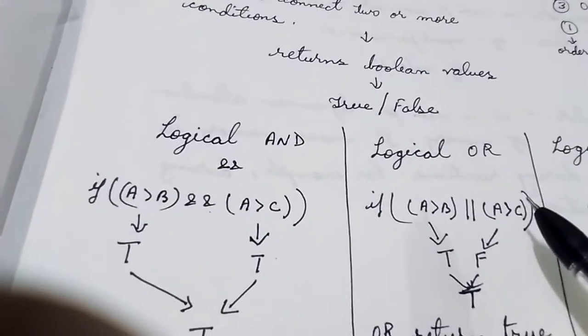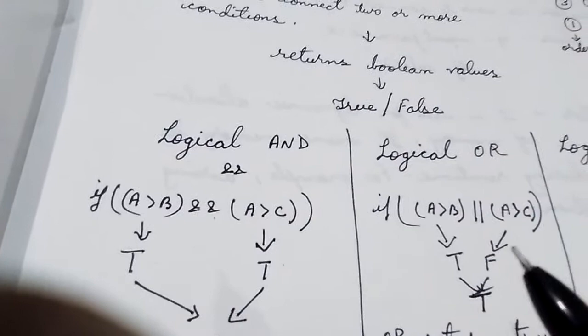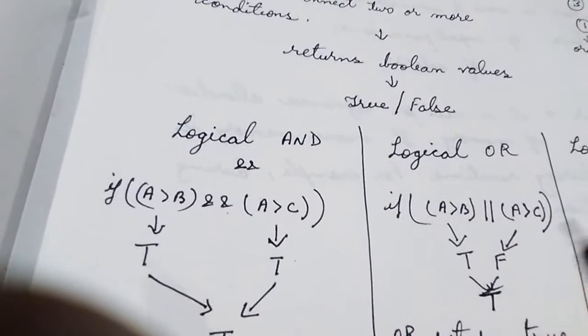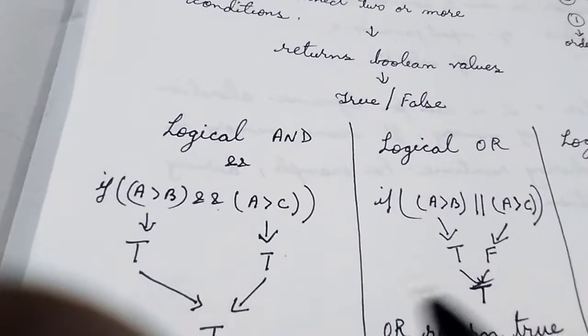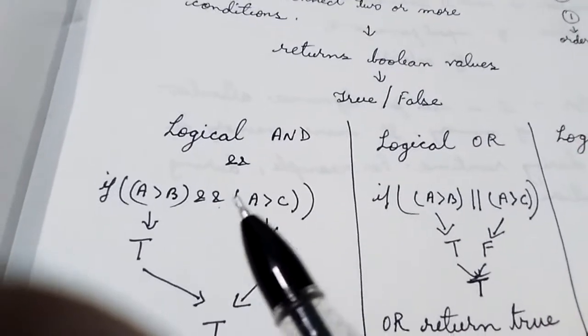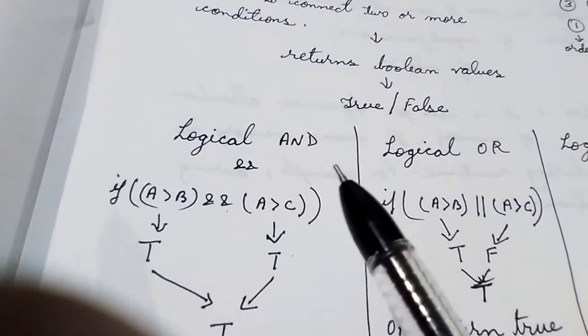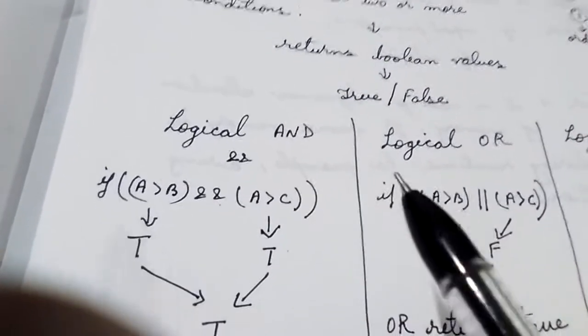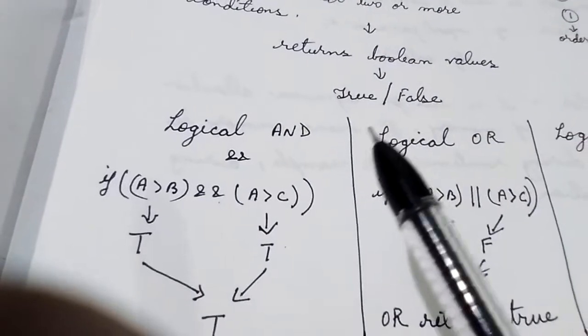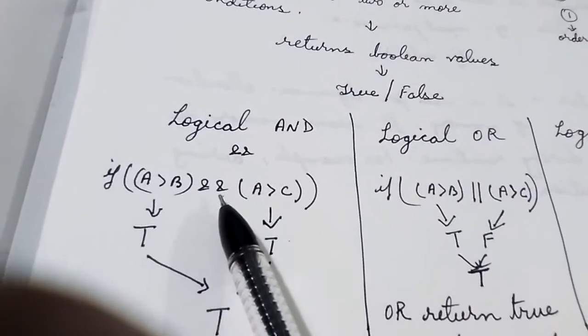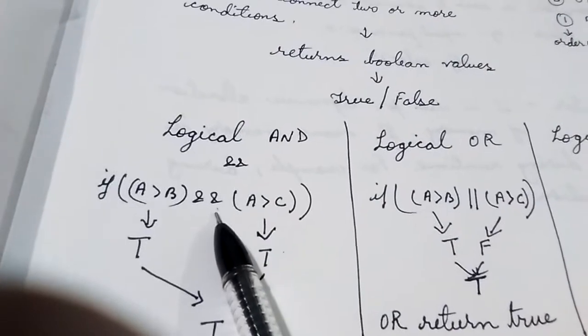Always remember, whenever range programming is done, like providing a grade to a student who has scored 80 and above with A plus, 60 to 80 with A, such programs go with logical and.